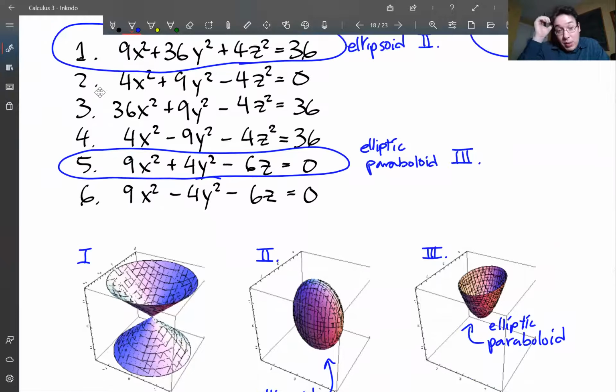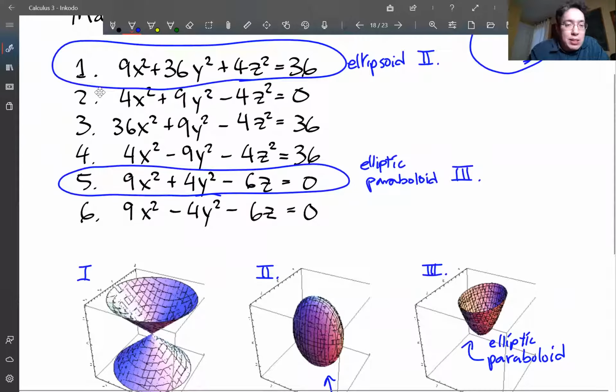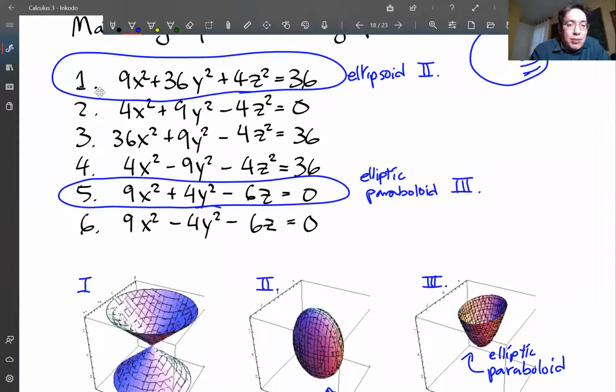And we could look at the cross section again as well. So if you fix some positive value for z, again, the cross section will be an ellipse. Okay. You could actually look at cross section in the x and y direction as well.